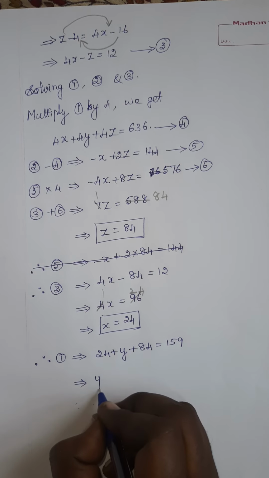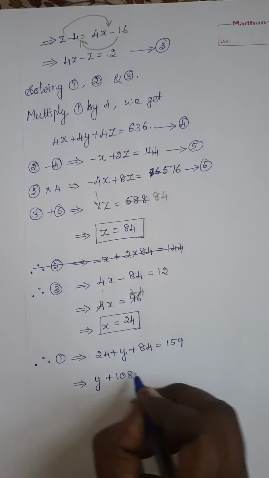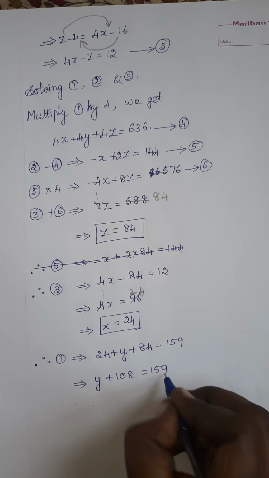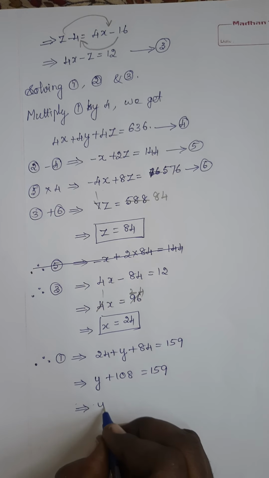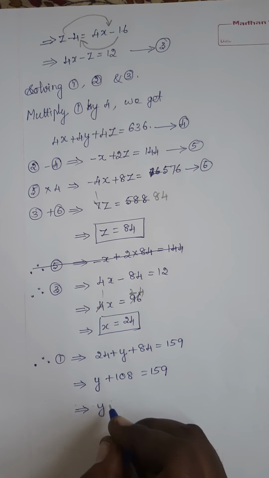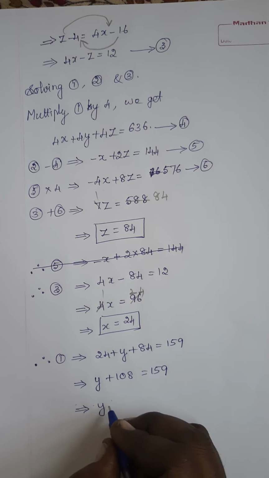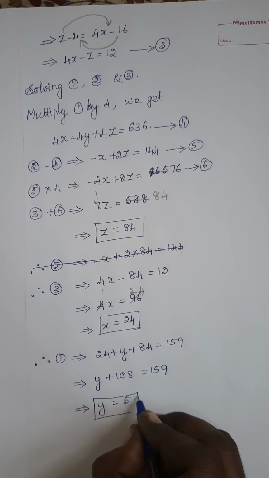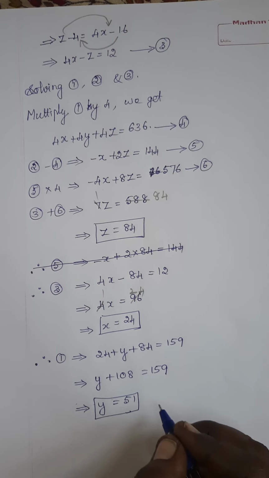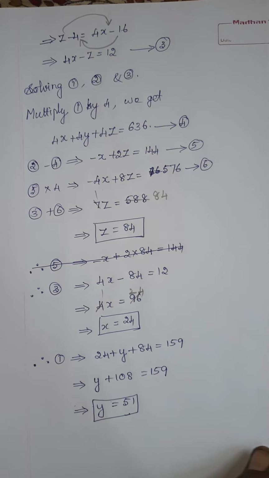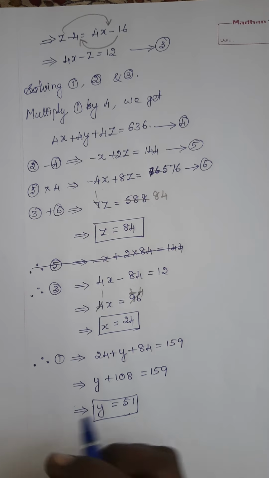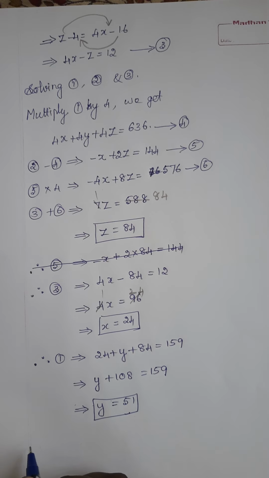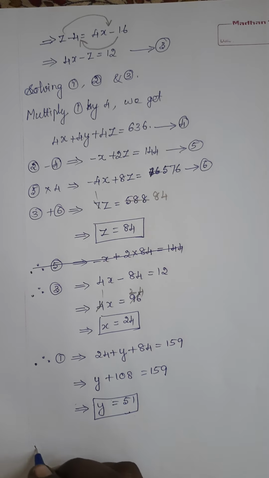So y plus 108 equal to 159, which implies what is the y value? 159 minus 108, that is 51. So y equal to 51. Now you get the x value, y value, z value. What is this all? That are the present ages of Vani, her father and her grandfather. So we can write the answer.